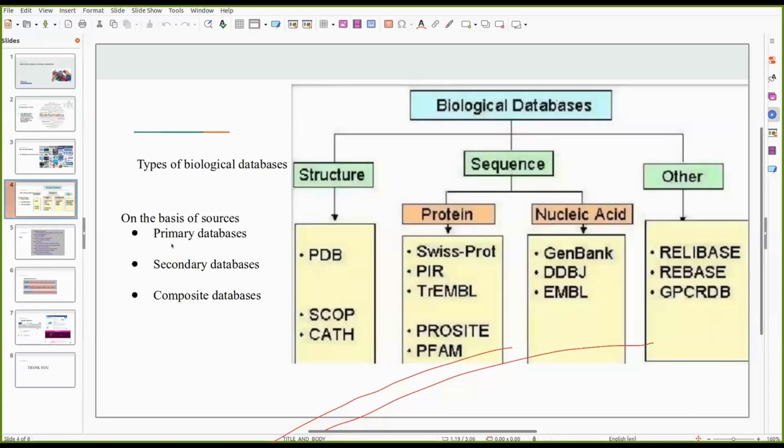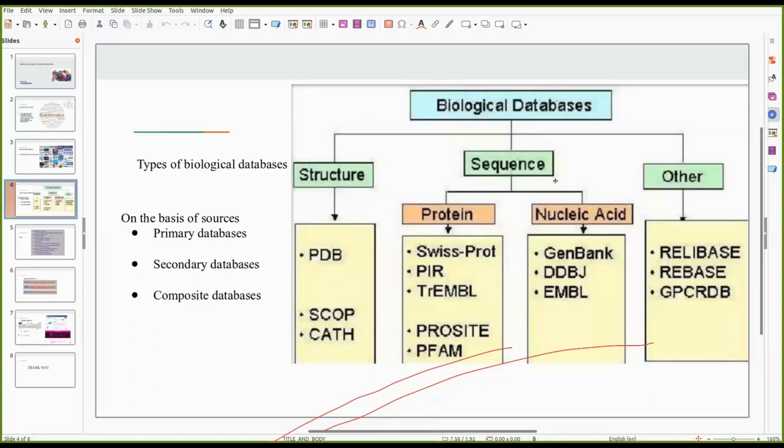Biological databases could be divided into structure, sequence, and others. Structure-based ones will be the PDB, SCOP and CATH. All of these are for protein. PDB especially is for proteins that have been crystallized through NMR or X-ray crystallography.